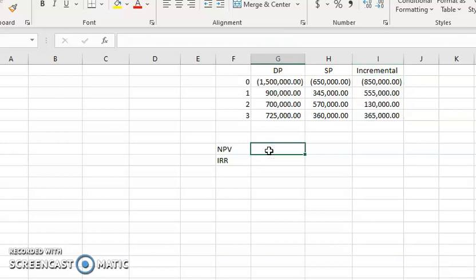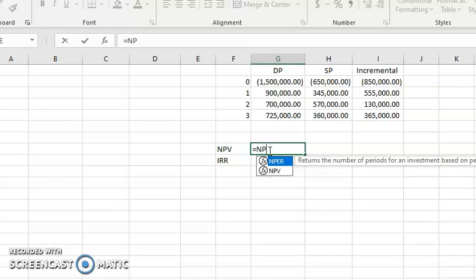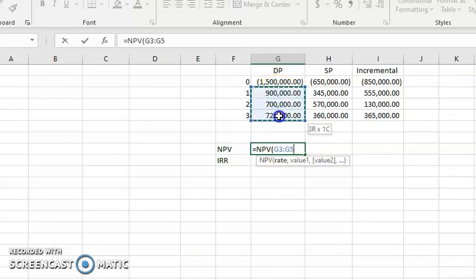But anyway, I'm going to go ahead and do the NPV. So I do equal NPV. Remember, NPV starts with period 1, so we just highlight these cash flows.